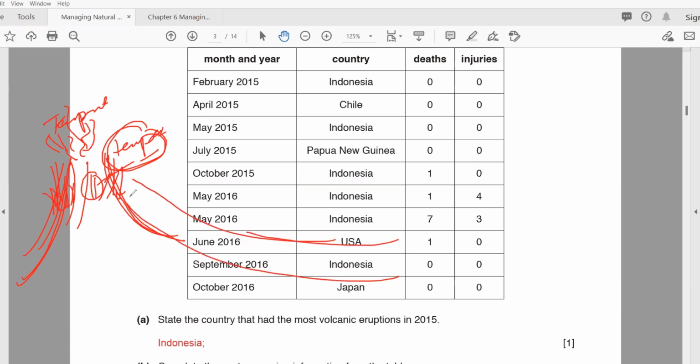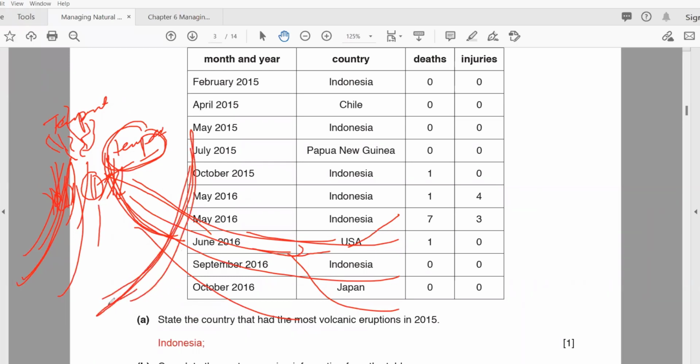If anything happens and the lava comes out, it will not go towards the populated area, it will go to another area. Or sometimes they make walls on that side, which changes the direction of the lava.